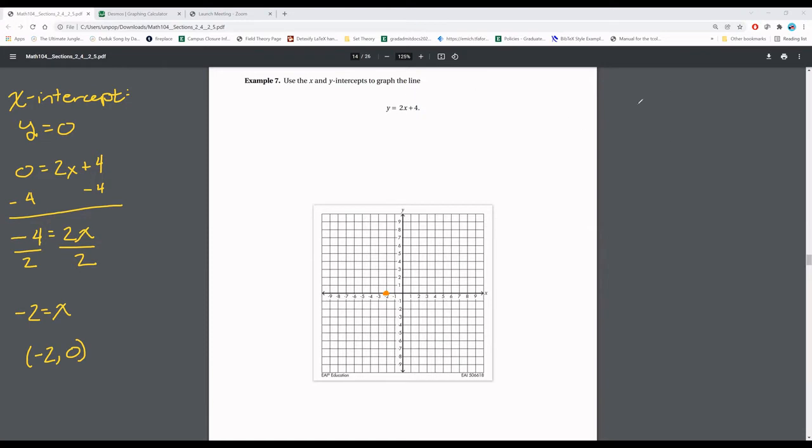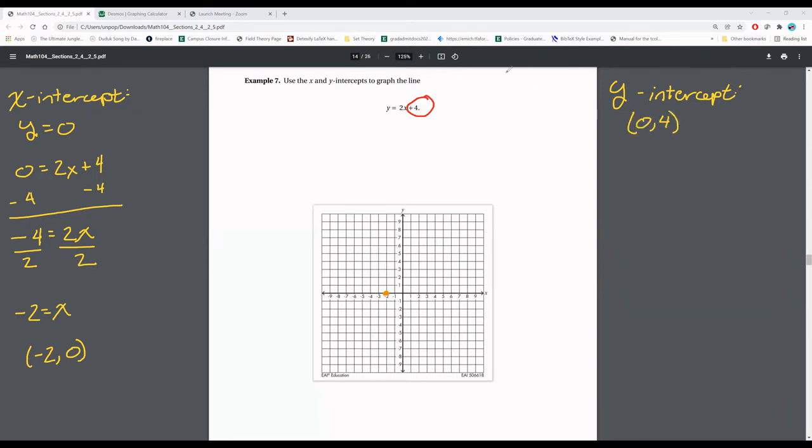I also want the y-intercept. Now, since our line is in slope-intercept form, if we're comfortable, we will remember that this right here, the standalone constant, is the y-coordinate of the y-intercept. So I can just write down (0, 4).